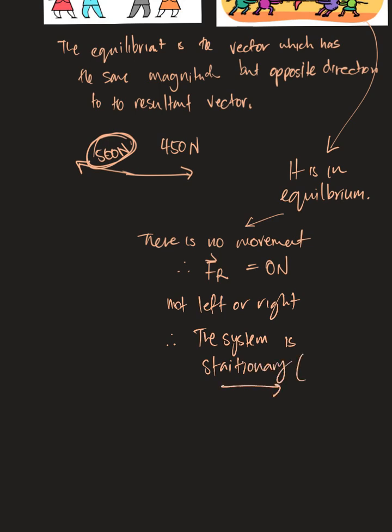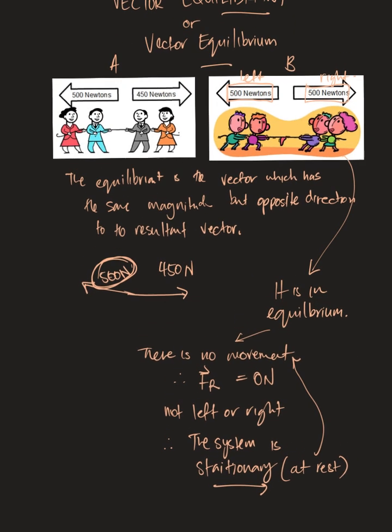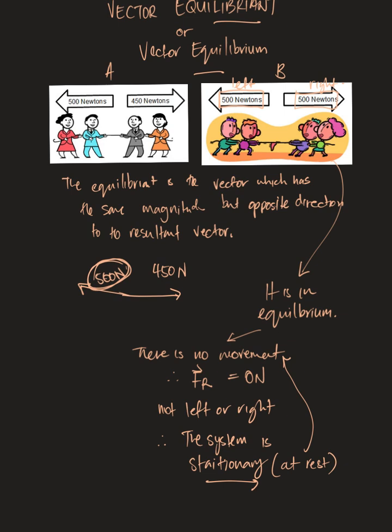Stationary means it's at rest, and at rest means there is no movement. The only way that can happen is if all the forces acting on the object are equal but in the opposite direction. Then you reach equilibrium, or we reach the equilibriant of the situation.